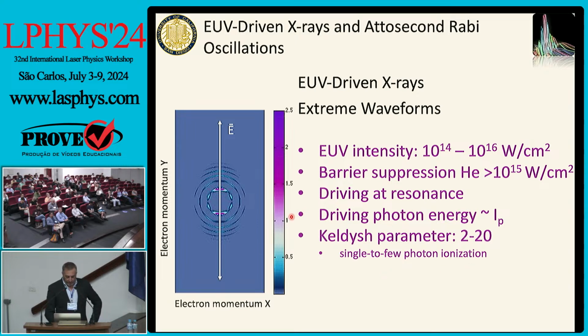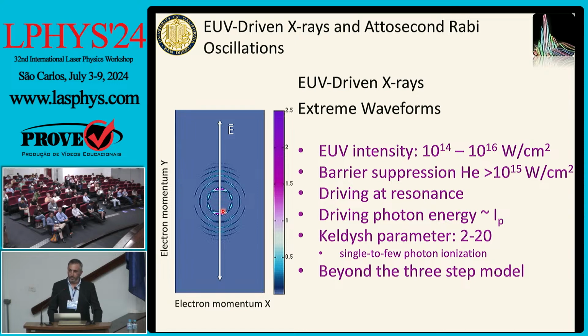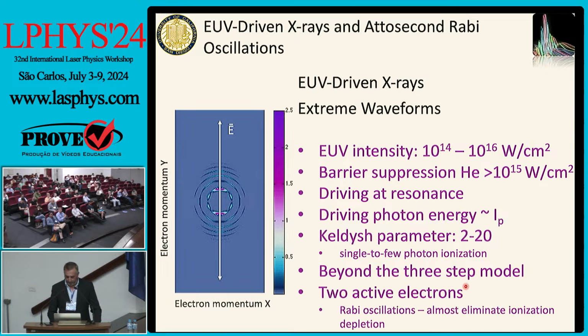So in this particular picture, if you look at the photoelectrons in momentum space, typically in such a multi-photon ionization regime, we may expect the electrons to have symmetrical distribution in space. So this is slightly different to most of the regimes that we work in the lab right now. So this regime is beyond the three-step model in high harmonic generation.